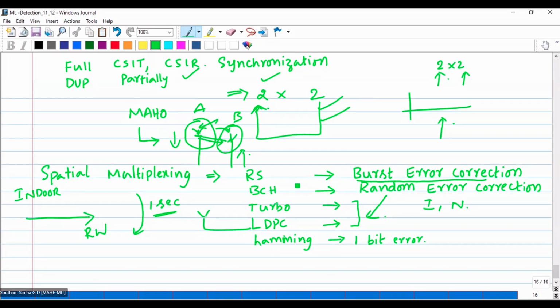Now, why am I telling you all these things? In spatial multiplexing, at the transmitter itself, there is an encoding mechanism. When you have an encoding mechanism, even if you have only partial CSIT availability at the transmitter end, you can still transfer information with the highest reliability.